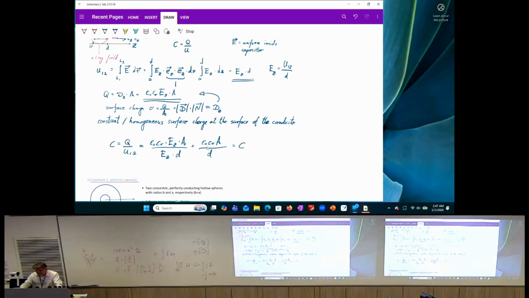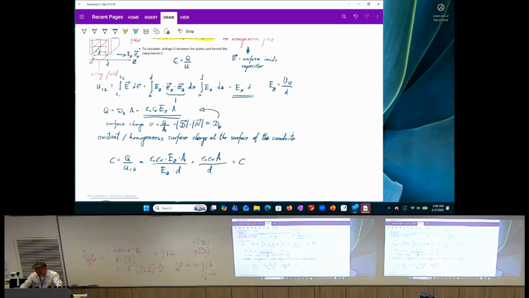And you see that if you want to enhance the capacitance, this means that at a given voltage applied, you can store more charge if you have a higher capacitance. You use the same voltage, for example, but you have a larger capacitance. Because the capacitance is larger, at the same voltage, you get more charge stored on it.